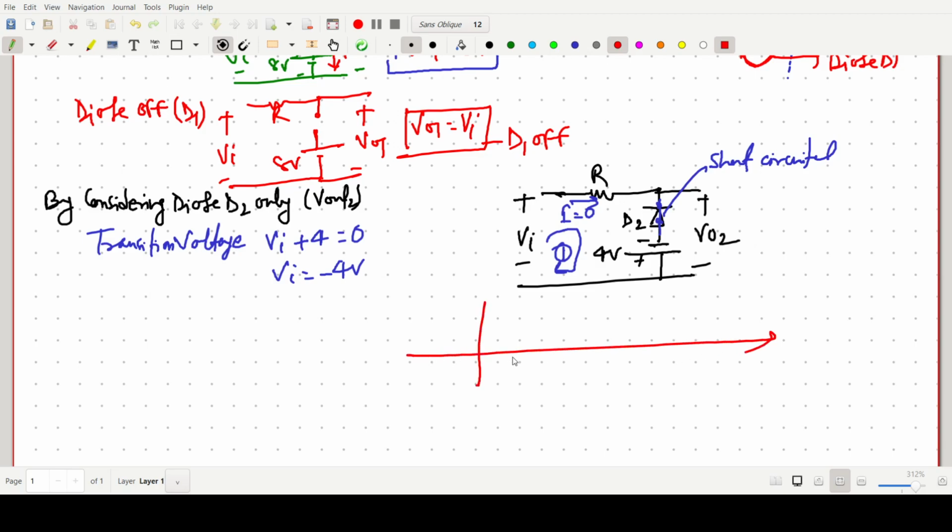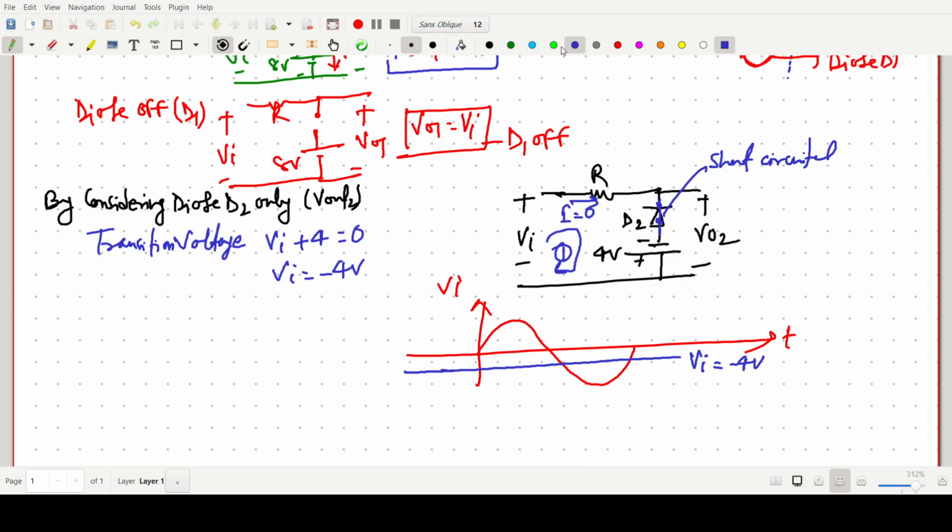Next, we are making the Vi versus T plot, and the transition voltage is now Vi equals minus 4 volt. Above this minus 4 volt, the diode is either on or off.